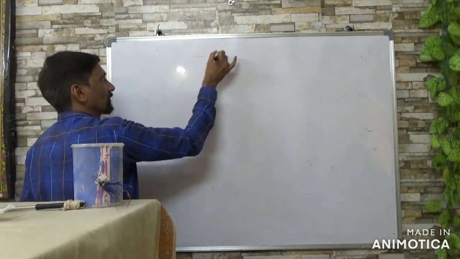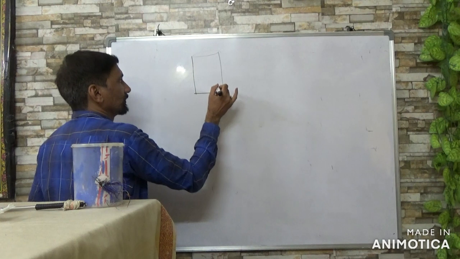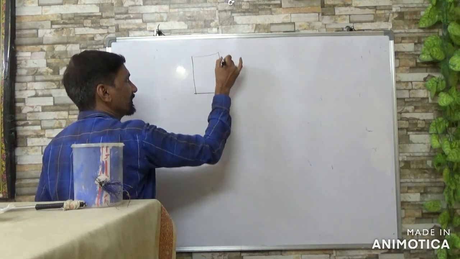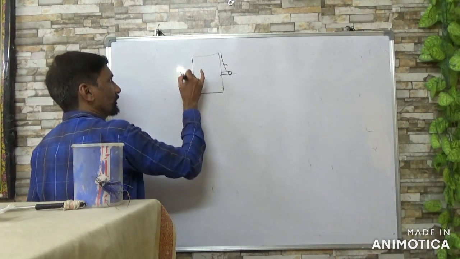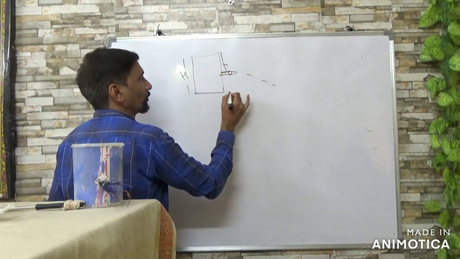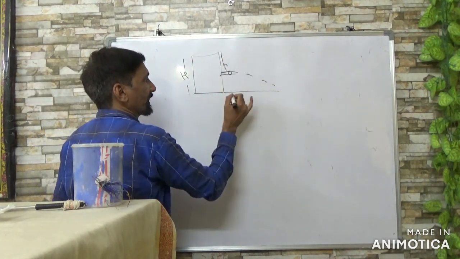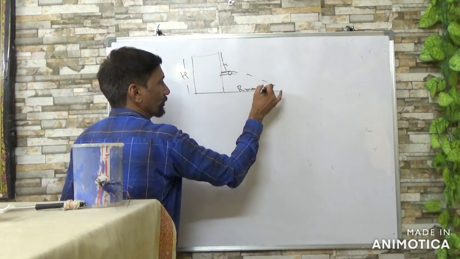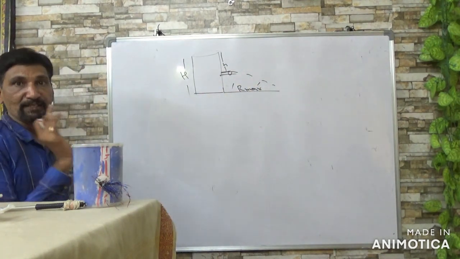So this is the tank. Suppose the tap is connected at a height h, and the total height is H. You want to know the position of the tap so that this distance becomes maximum.